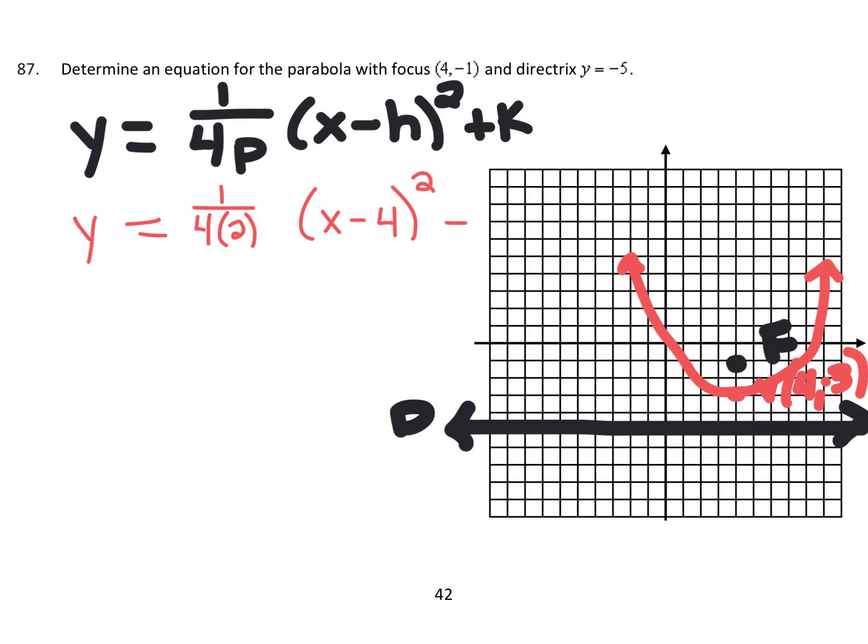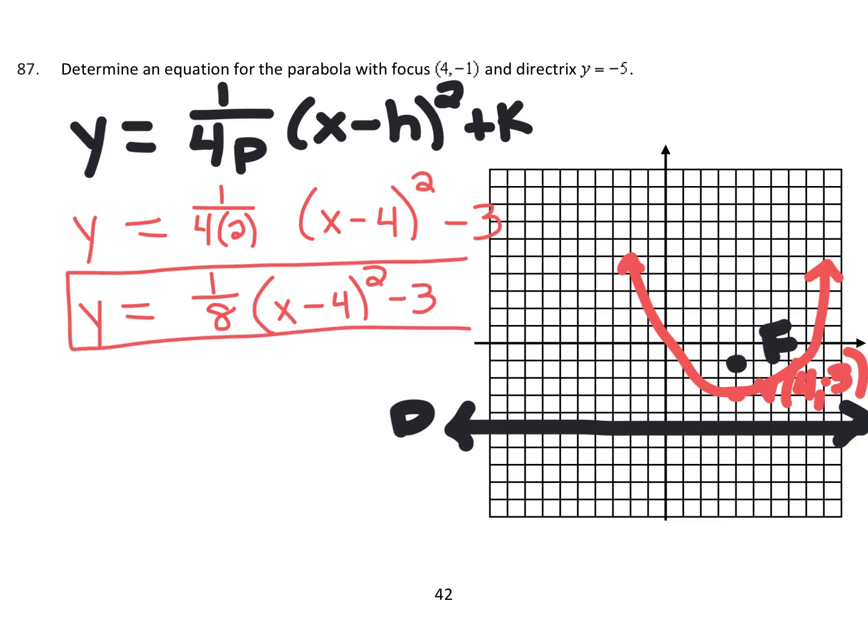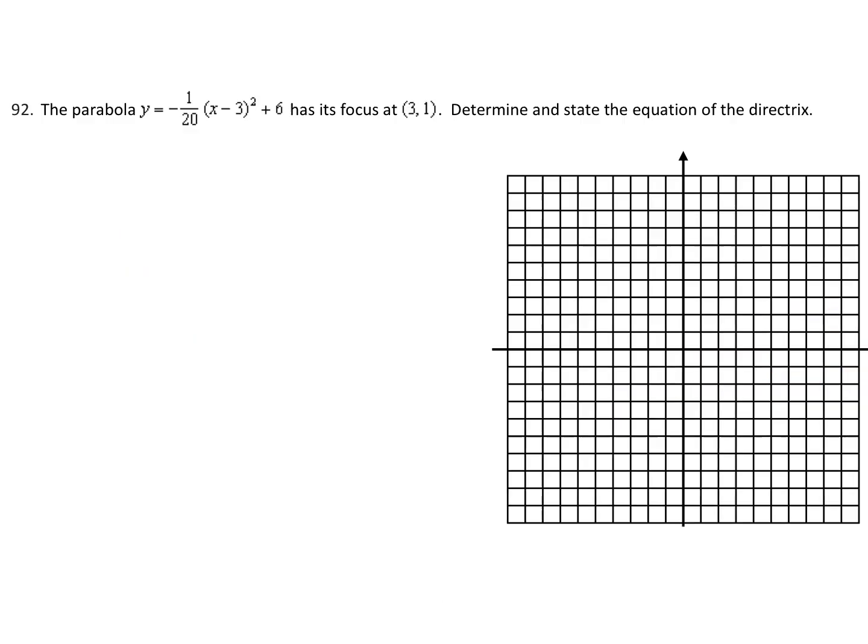So I'm just going to write minus 3. So let me rewrite that as y equals, instead of 1 over 4 times 2, we could write 1 over 8, and then times x minus 4 squared minus 3. And there we have it. And if you want to, graph that in your calculator and just check that it looks something like this. I mean, it'll look a little wider than that.